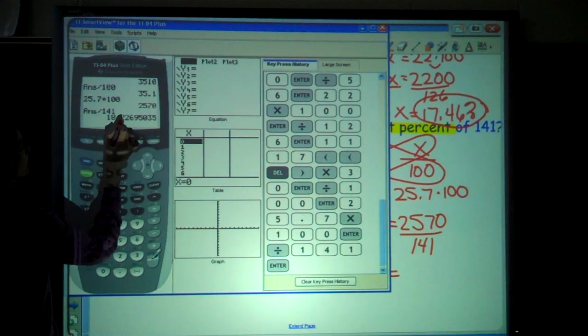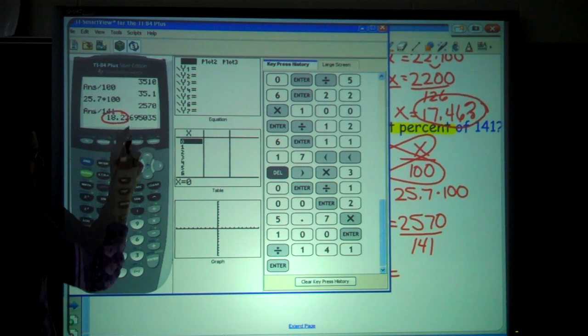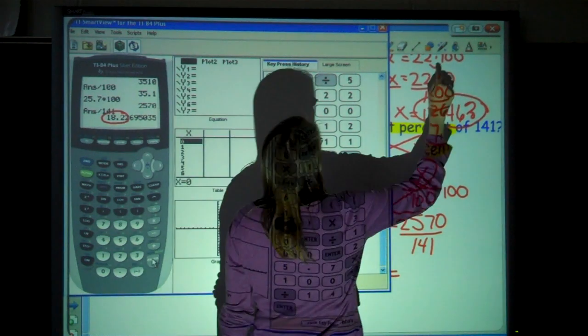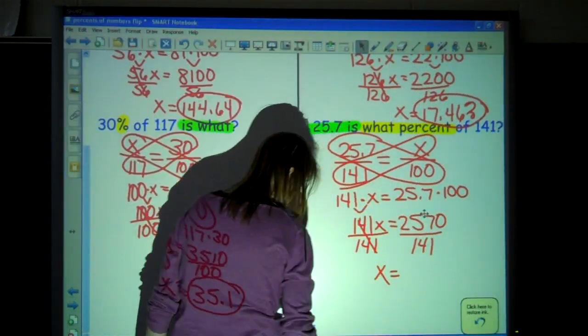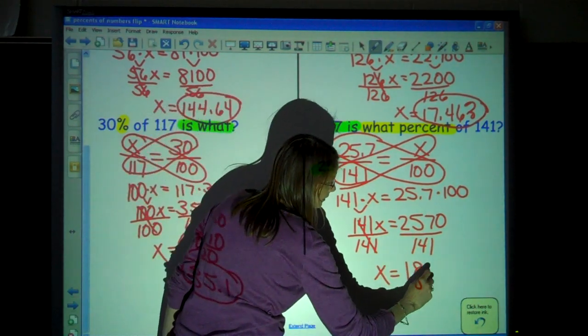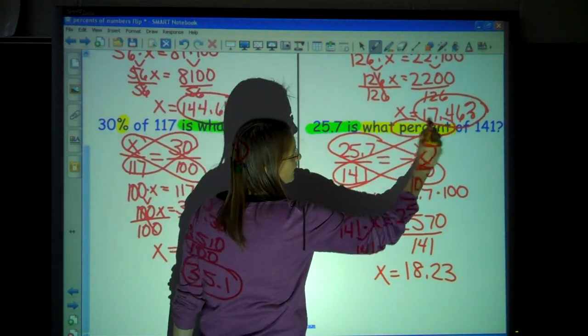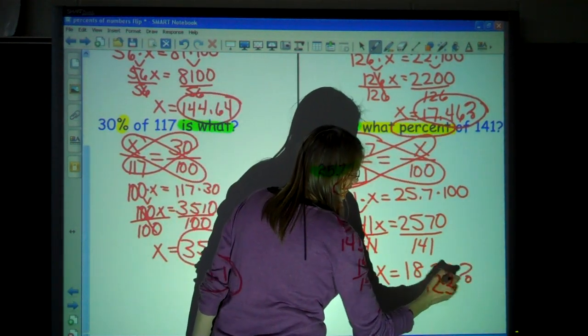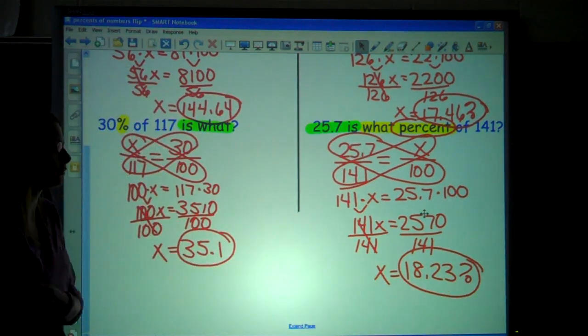And another big long decimal, so I'm going to go 2 places after. 18.22, and that next number is a 6. So 5 or more, round it up. So now it's going to be 18.23. And remember, I was trying to find again the percent this time, so I'm going to put my percent symbol with it. And my answer is 18.23%.